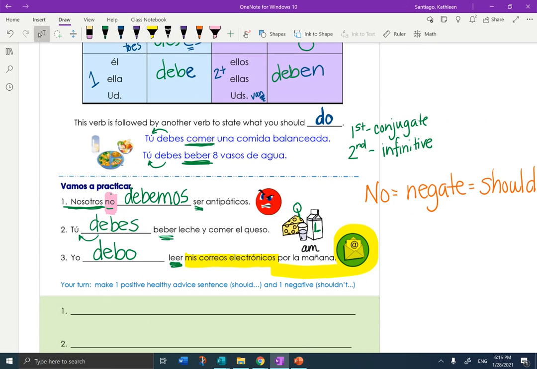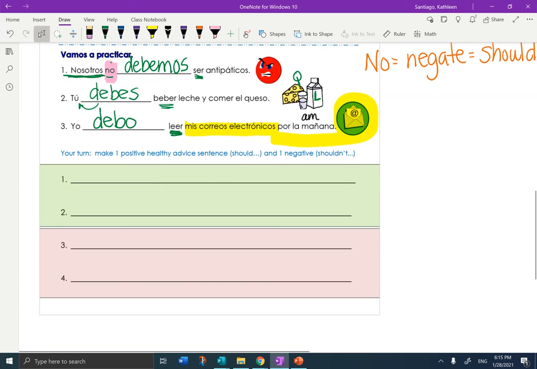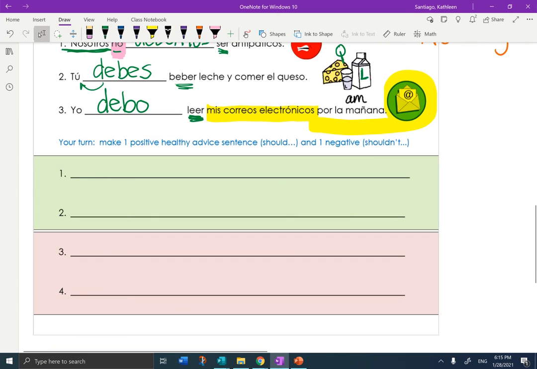Now it's your turn. For homework, you need to make one positive, healthy advice sentence telling someone what they should do using deber. And one negative telling them what they shouldn't do. You're going to put no and then conjugate deber.